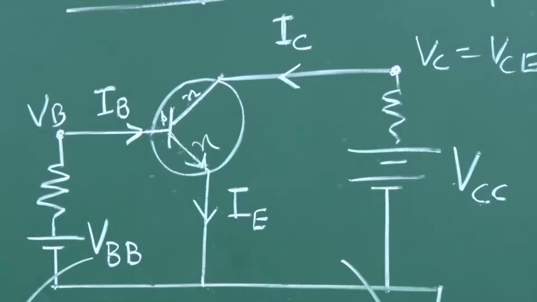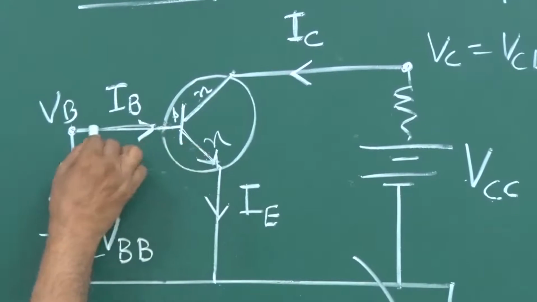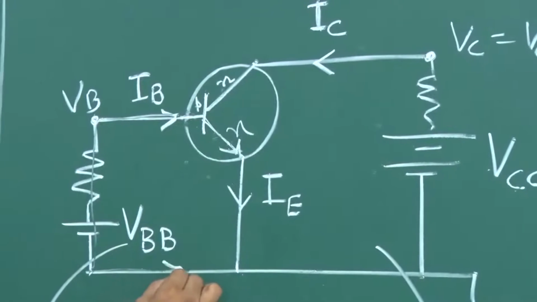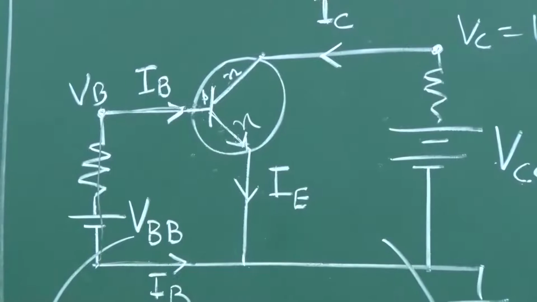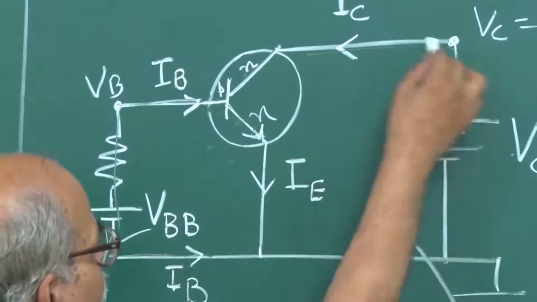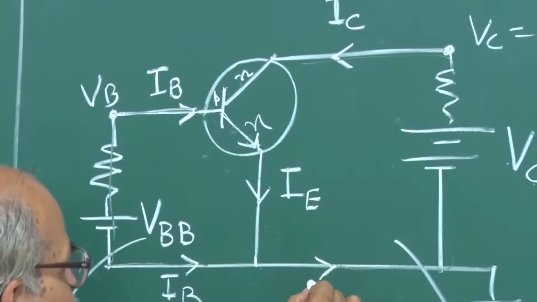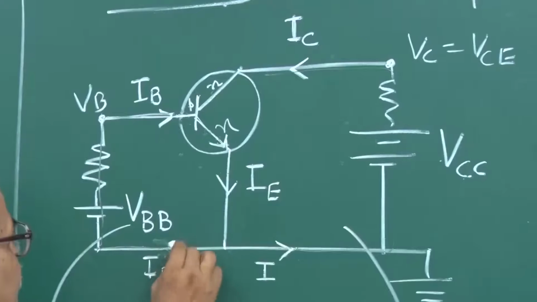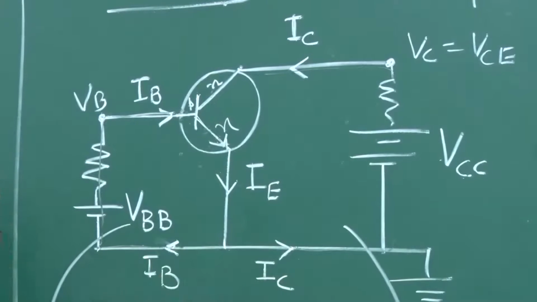So these are the symbols, and if this is IB, you can see that this is just a series circuit, and so the current here should also be IB. And similarly, if this is IC and this whole thing is in series, you should have an IC out here. This IB is like this, right?